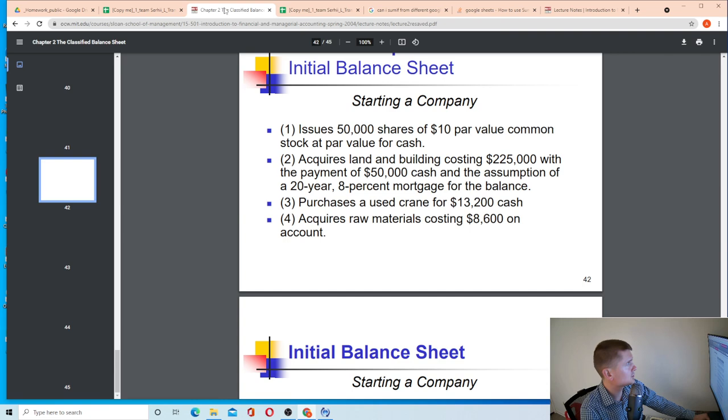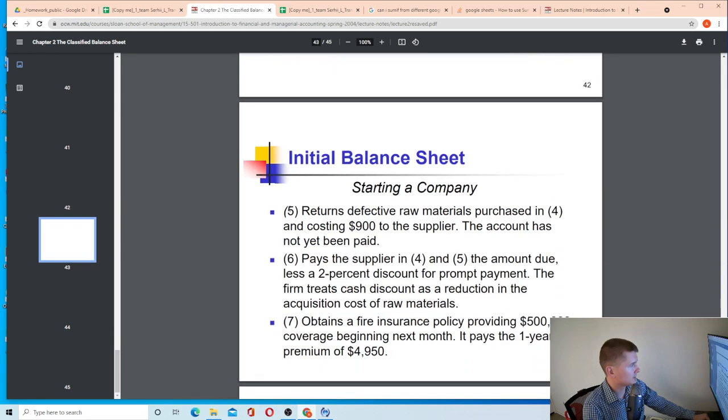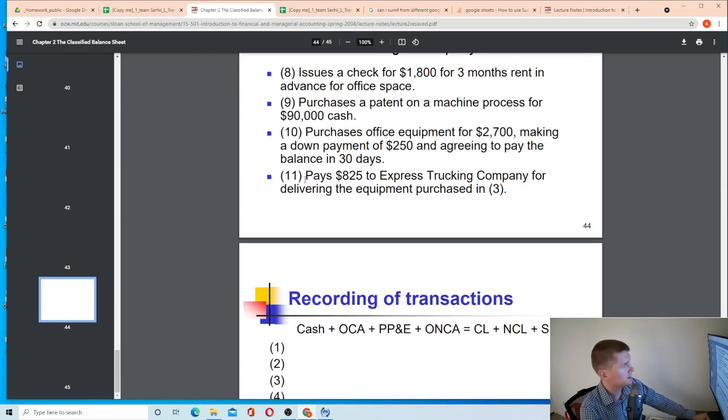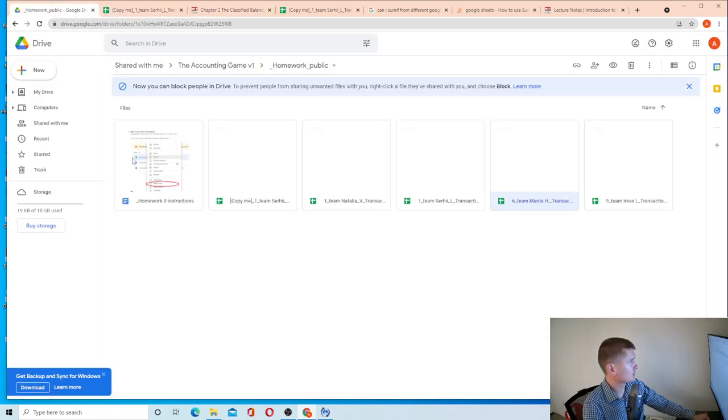In lecture 2 you can go to page 42, and here you find 11 accounting problems which you need to document and create a double entry in your homework file, which is located in that folder over here.